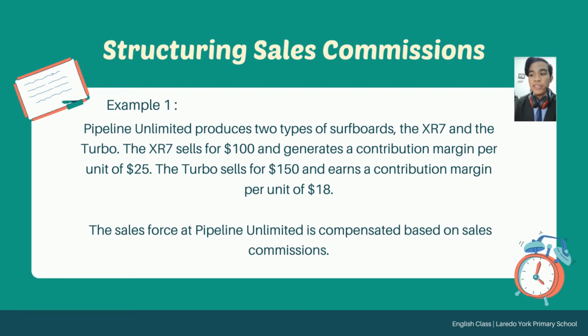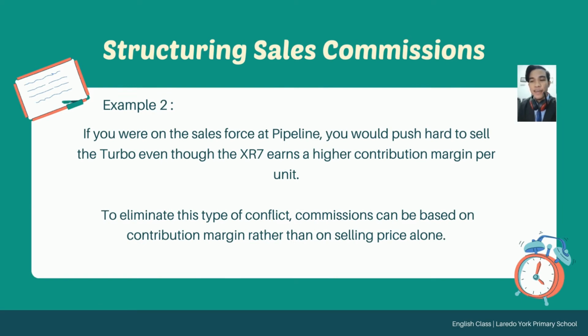The sales force at Pipeline is paid on sales commission. If you look at this slide on the sales force, you would try to sell all the Turbo models you could because it has a higher selling price per unit.